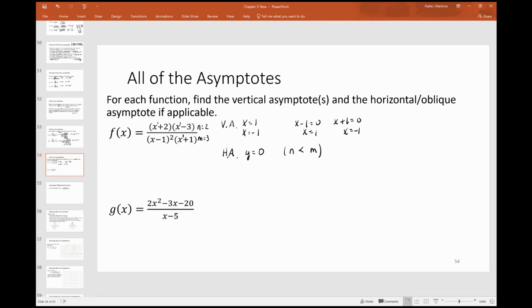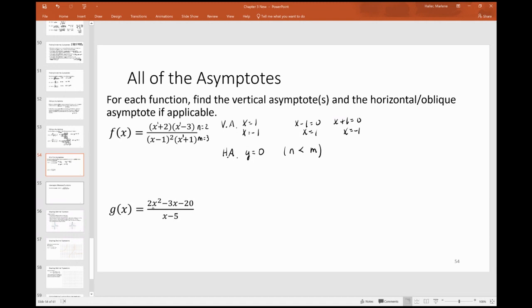Okay, let's look at the next example. In the next example, well, I don't really know. I think I might need to see if this factors, to see if it divides out and it's a hole, that x minus 5. That might lead us to a vertical asymptote, but I should check. Let's see. I don't think it will.